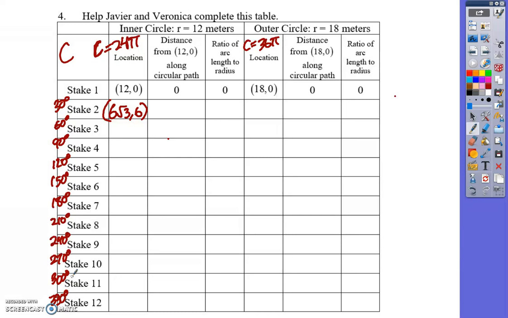So those are the angles we're going to be using. And we're going to be doing basically fractions of pi. So 24 pi times 30 divided by 360. So 30 divided by 360 as a fraction is 1/12, which makes sense because we cut our circle into 12 pieces.